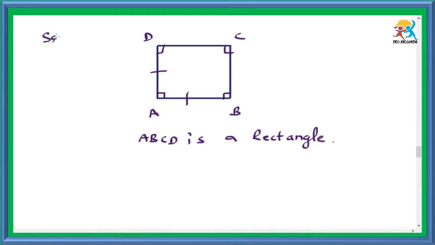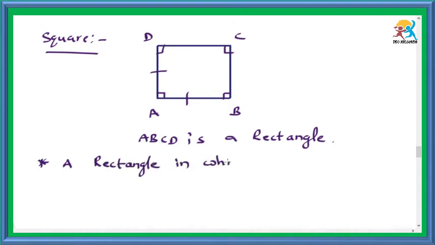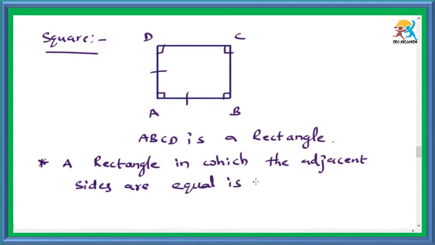So, a rectangle in which the adjacent sides are equal is called a square.